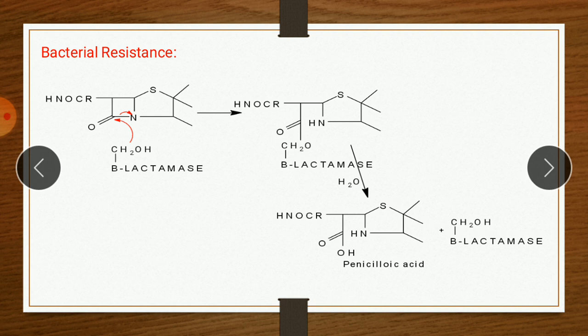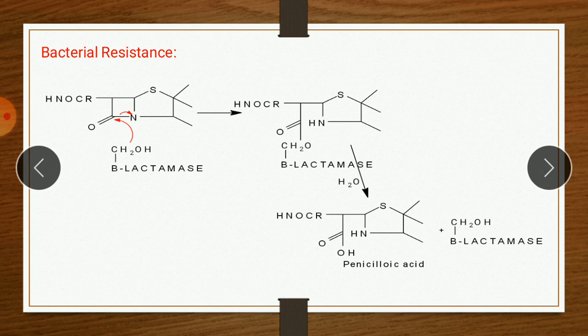Some bacteria, especially gram-negative bacteria, are naturally resistant to the action of penicillin. The best understood and most important biochemical mechanism of penicillin resistance is enzymes that inactivate penicillin.